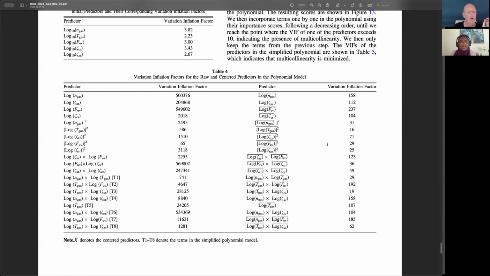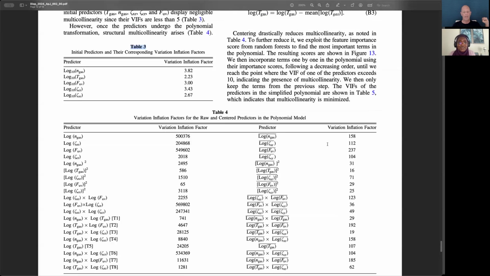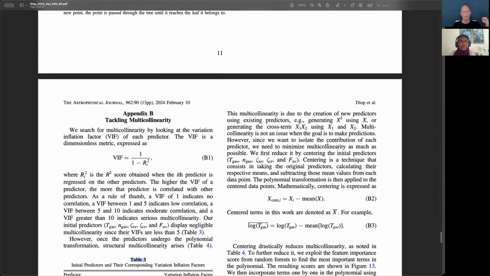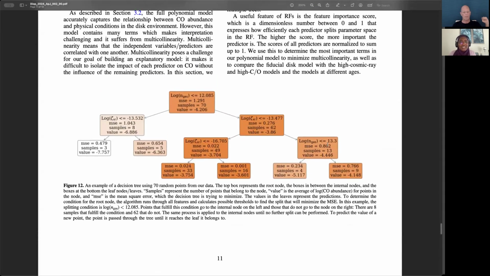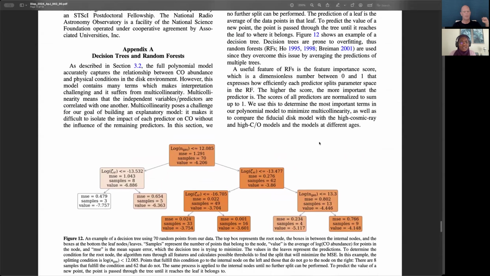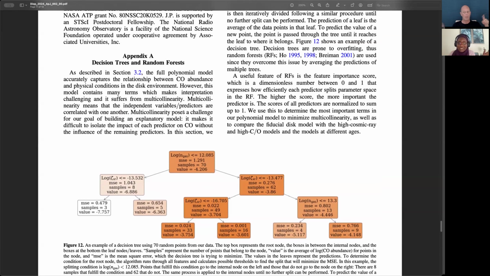The way we dealt with this was to use another machine learning algorithm called random forest. We can go to page 11. The random forest is a combination of decision trees, which are themselves algorithms, but they aggregate all these decision trees to reduce overfitting.